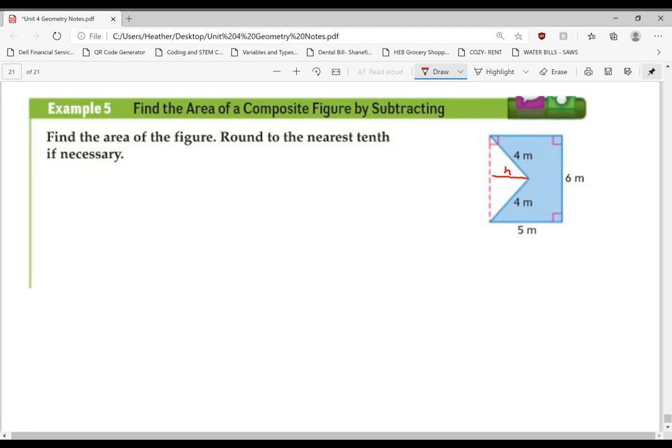So using the Pythagorean theorem, let me start writing this down. We have the square root of 4 squared minus 3 squared, which is the square root of 16 minus 9, which is equal to the square root of 7.